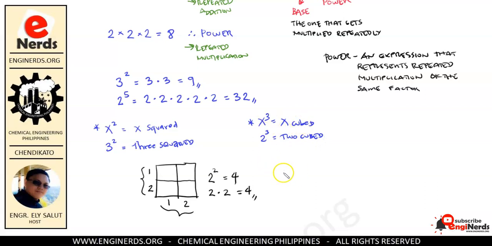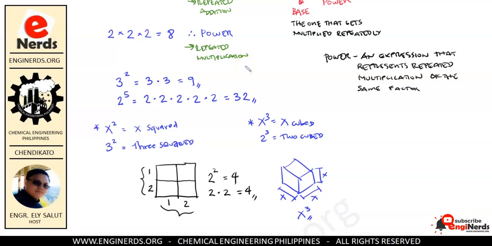And the principle is the same, no? If you have a cube, okay, if you multiply this side to this side and to this side, you will actually arrive at the cube of the number. Let's say you have the number x here, and x. That is equal to x cubed.